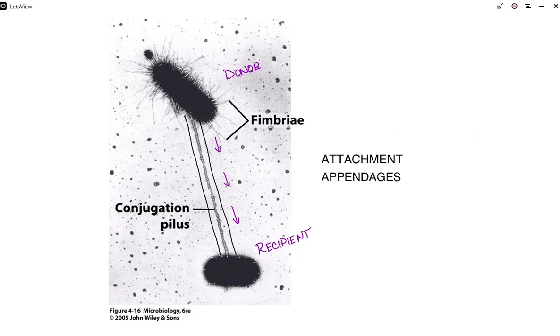So a conjugation pilus allows for exchange of DNA between one cell and another.